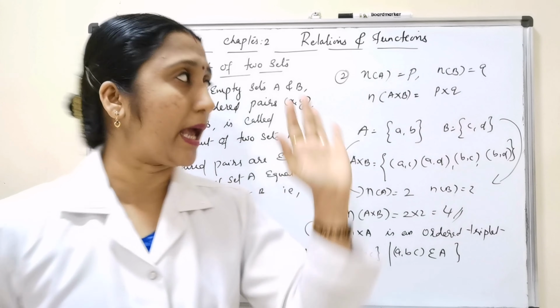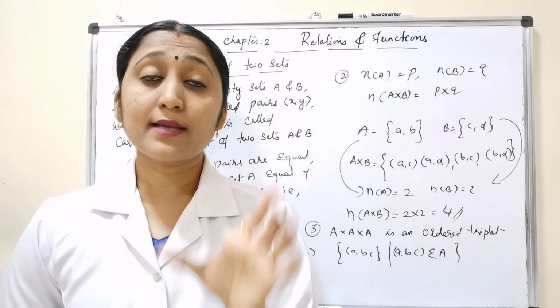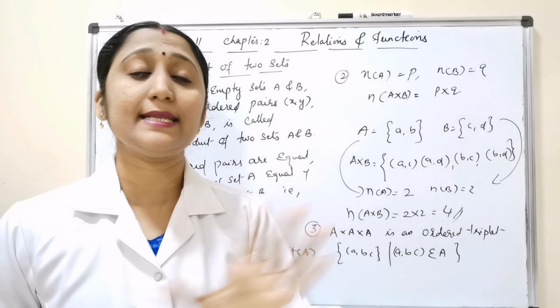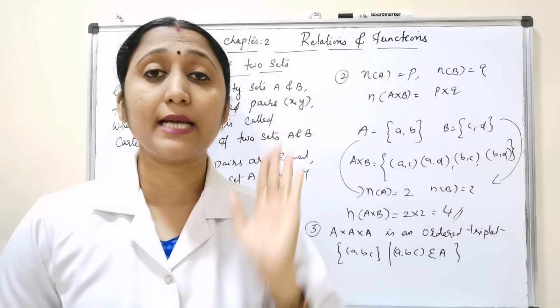This is the main thing about the Cartesian product. The main thing is how we can write in the Cartesian form. That means you have to write in the ordered pair form within the set.